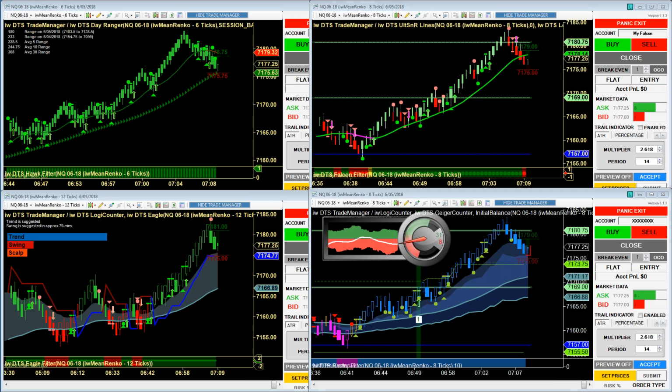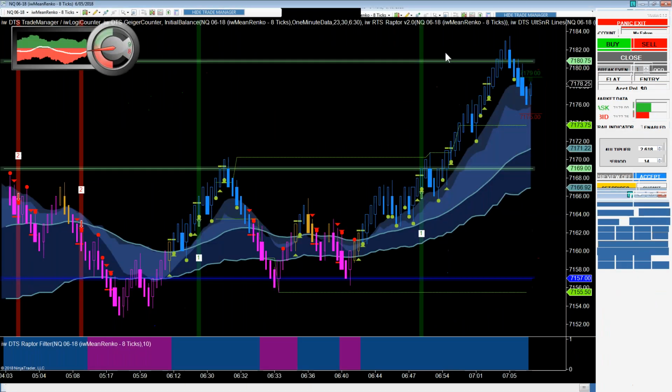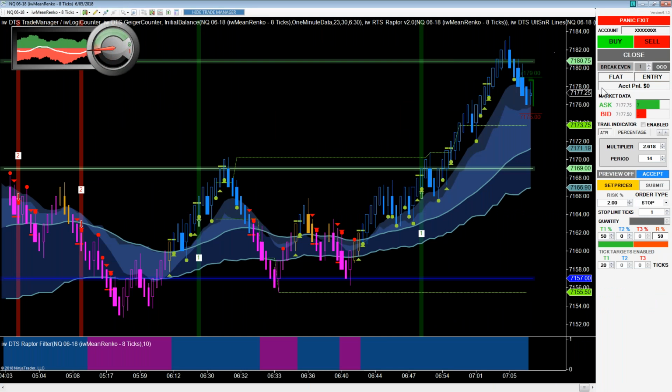All right, so now we are back here to the macro line on the Hawk, so we may produce a macro pullback signal. I would like to see whether we're going to get something resembling a double top, essentially another number two signal.